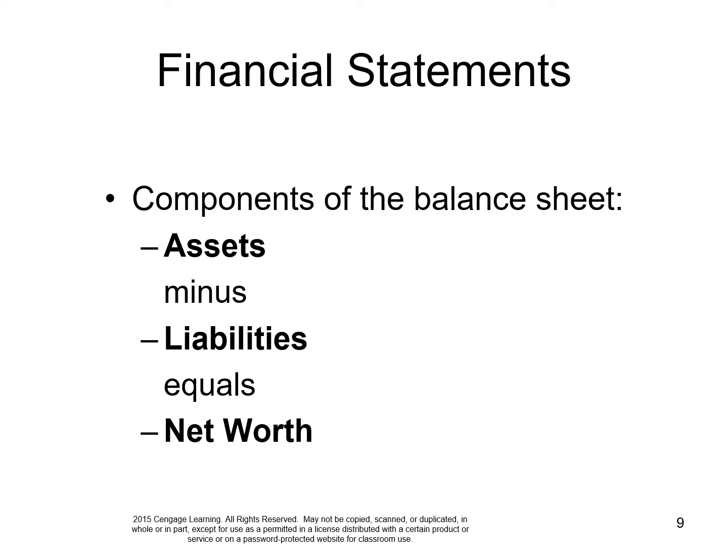So that could be a house, that could be a vehicle, that could be cash on hand, that could be money in a savings account, that might be some stocks and bonds, that might be some American Eagle silver dollars that your grandfather gave to you, anything that you have that has value.